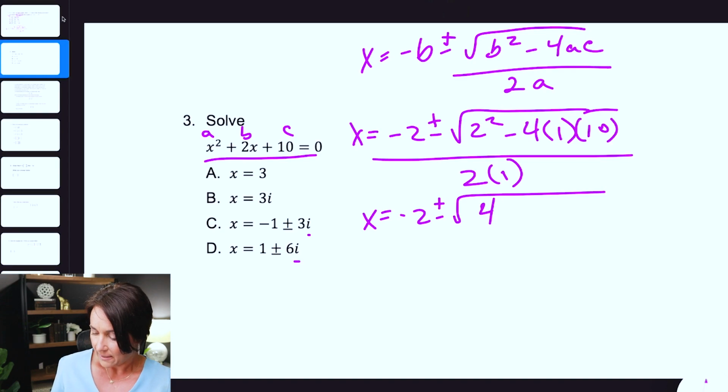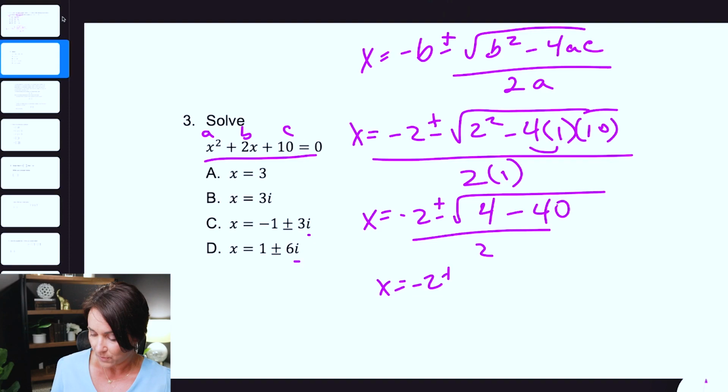That's 4. And then I have a negative 4 times 1, which is negative 4, and then I have that times 10. So this is negative 40, all over 2 times 1, which is 2. Now I have this 4 minus 40 here. So this is x equals negative 2 plus or minus the square root of negative 36, over 2.